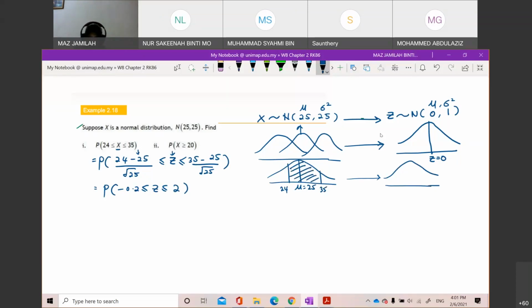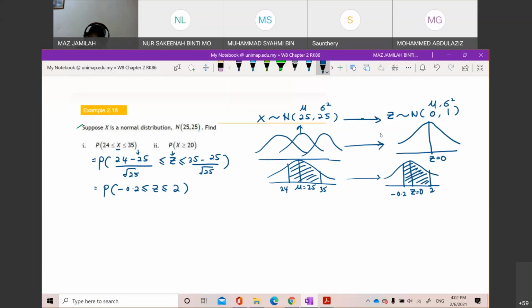To use the standard normal table, we transform into standard normal where the mean is 0. Once transformed, it becomes negative 0.2 until 2. So this is the area or the probability that you are looking for.